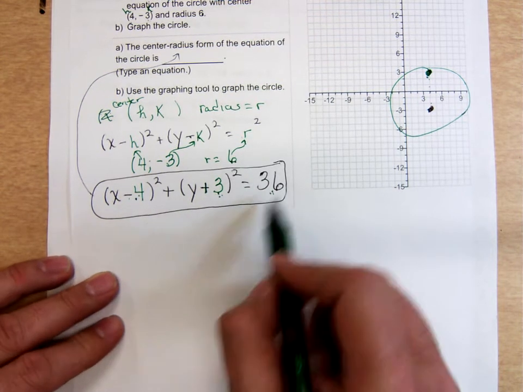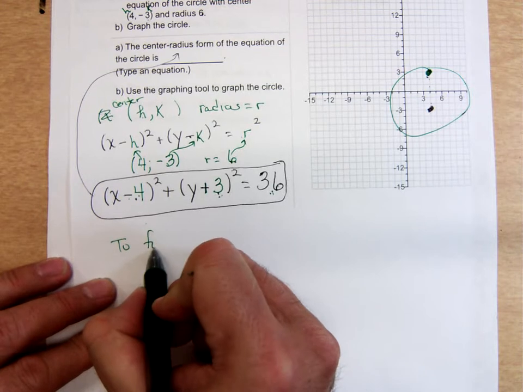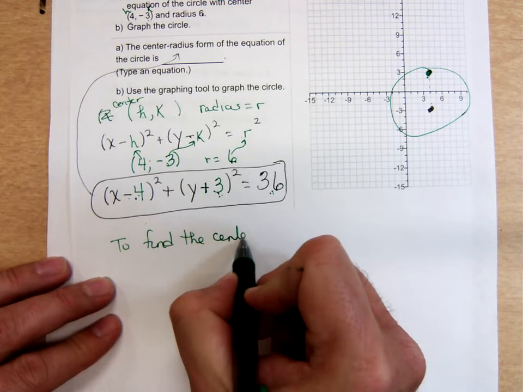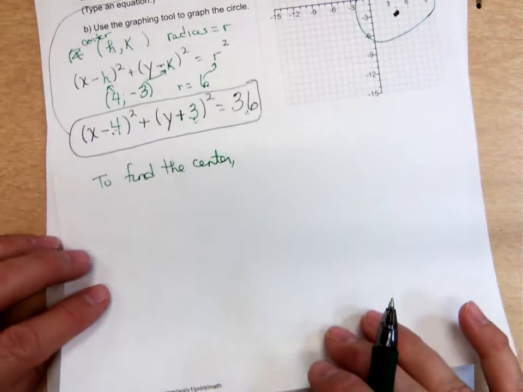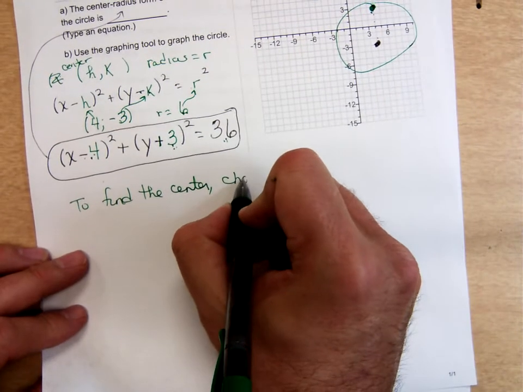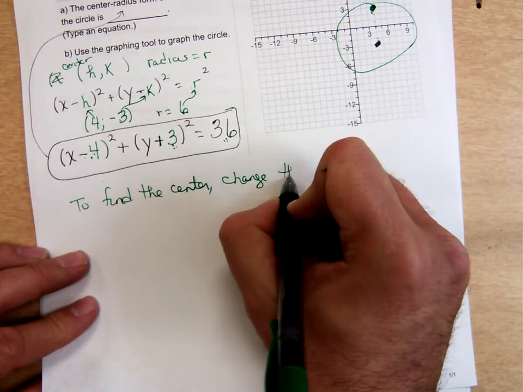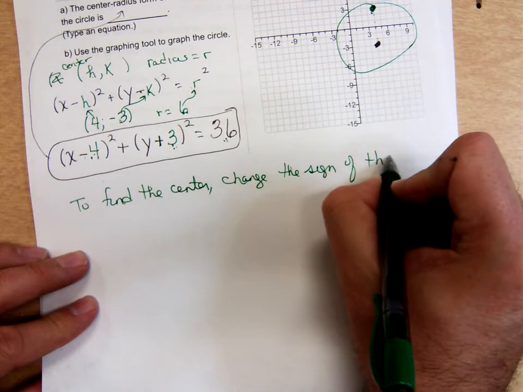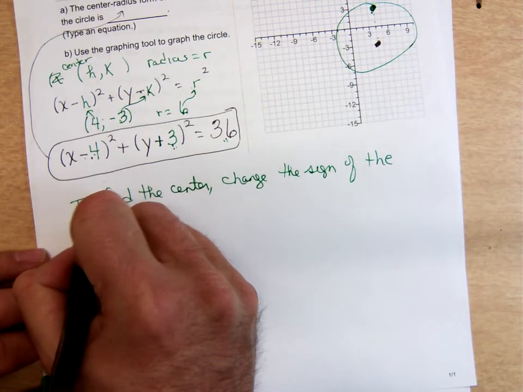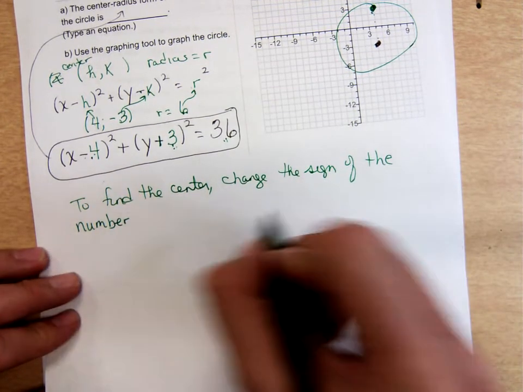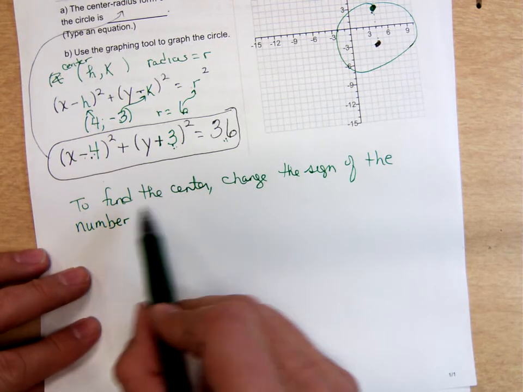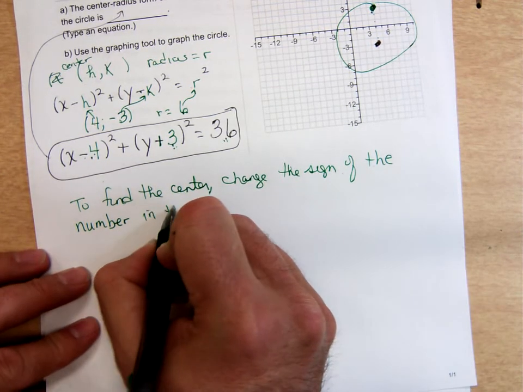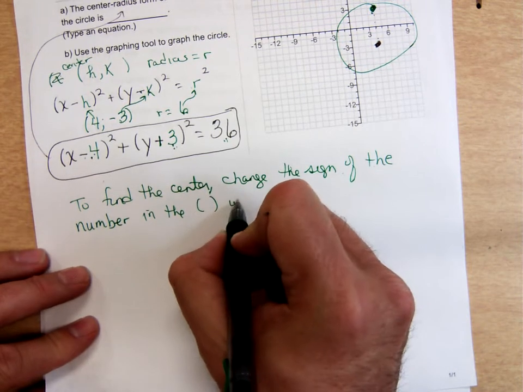So to go backwards, to find the center, change the sign of the number in the parentheses with x. Every now and then you notice I forget and start writing that cursive writing. To find the center, change the sign of the number in the parentheses with x.